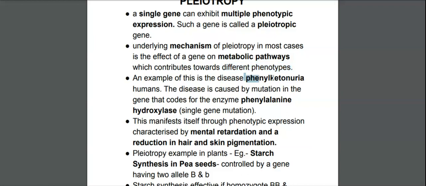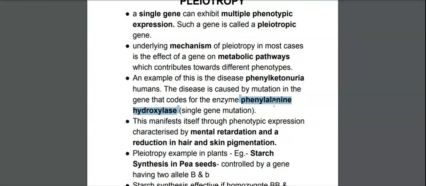Phenylketonuria is a disorder that we have already studied, and we have said that this disorder is because the enzyme phenylalanine hydroxylase is insufficiently synthesized. Or in some individuals it may be totally absent.